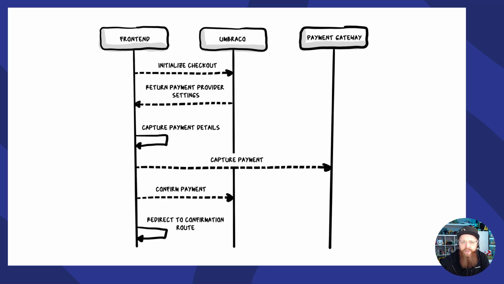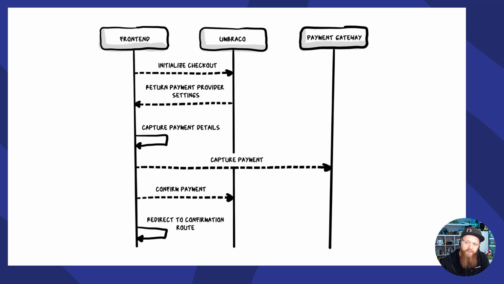So this is quite useful if you've got things like API keys stored in the payment provider settings, and you might need those in order to capture the payment yourself, because whilst using the inline approach, it ultimately becomes your responsibility to capture that payment. So we'll return the settings, you'll have to render a payment capture form, you'll capture the details, you'll send it to the payment gateway through their endpoints, and then whatever notification or confirmation you get back from the payment gateway, then you tell Umbraco Commerce, okay, the payment was successful or not.